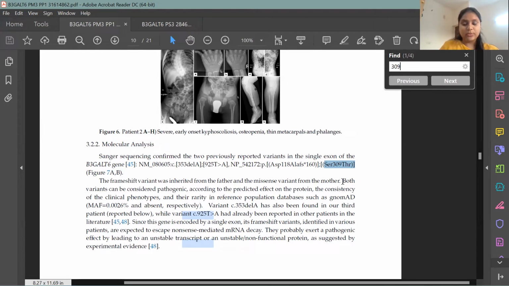So it is safe to give PM3 as well as PP1 to this variant, because the other variant is a frameshift variant, which has been found in other patients also. Therefore, using this study, we can give PP1 supporting as well as PM3 to this particular variant.